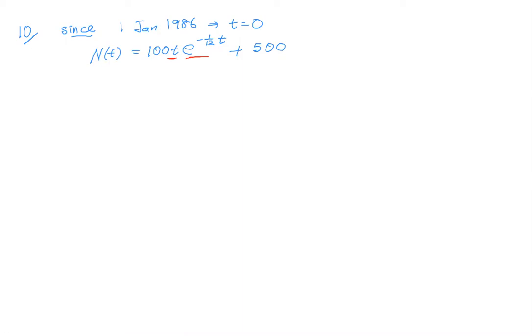I'm asking you, you yourself have to answer to yourself. This graph looks like this. Be very careful. It starts when t equals 0, it is 500. So the graph starts with 500. Right? So it will go up.